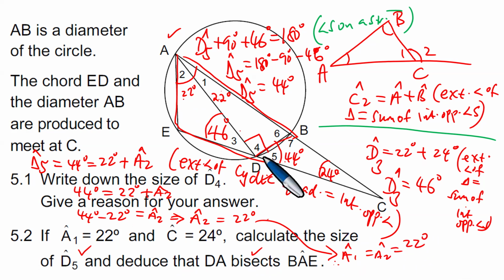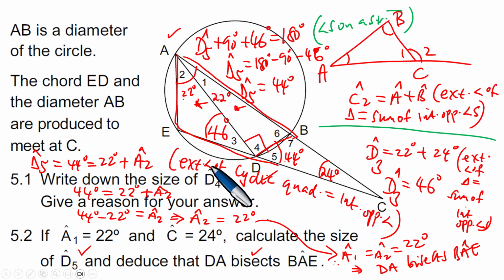Because this angle is equal to this angle, it therefore means that DA bisects BAE. That's awesome. It was an interesting discussion on solving this particular question.